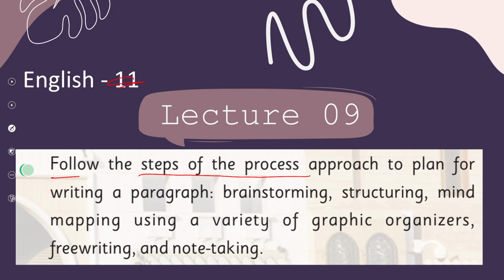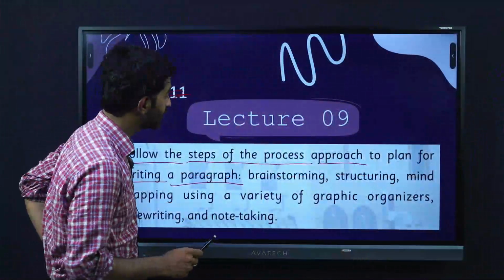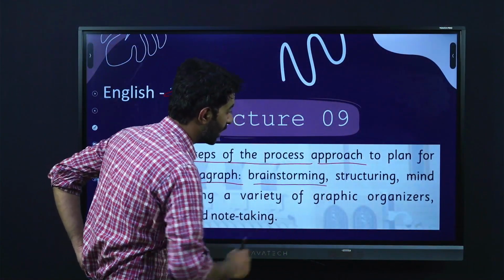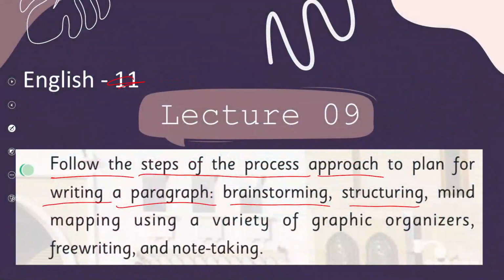It says: follow the steps of the process approach to plan for writing a paragraph, and in the whole process, doing mind mapping using a variety of graphic organizers. We are also going to see free writing and note taking.